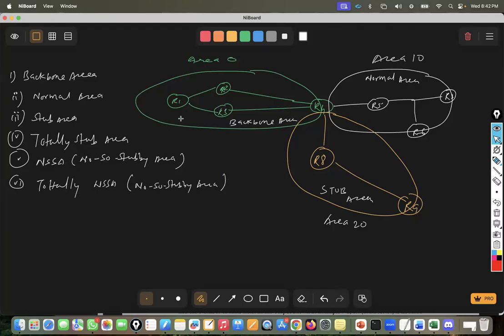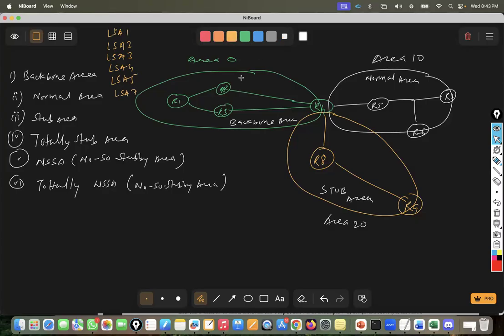So let's understand one by one. If I talk about the LSAs, we have LSA 1, LSA 2, LSA 3, LSA 4, LSA 5, and LSA 7. This area will allow all LSAs, but not 7.